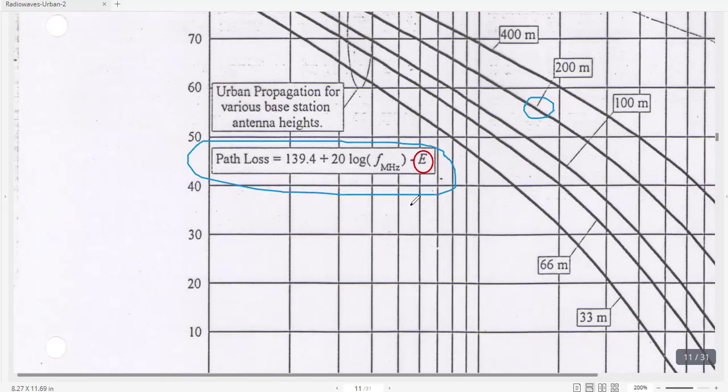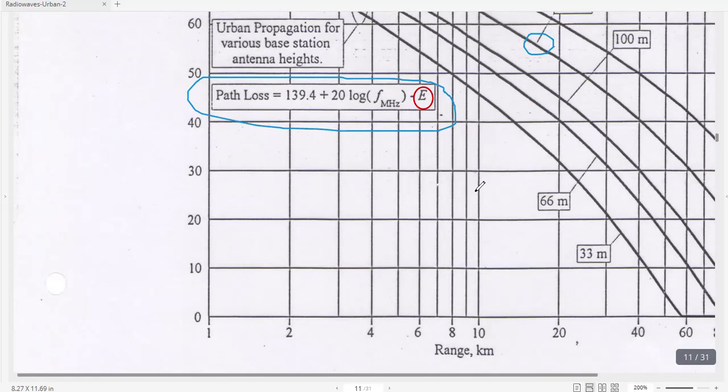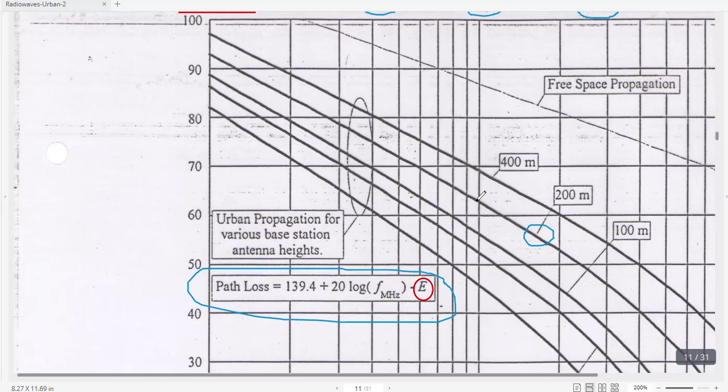For the same curve at 10 kilometers, it is around 63 dB microvolt per meter.